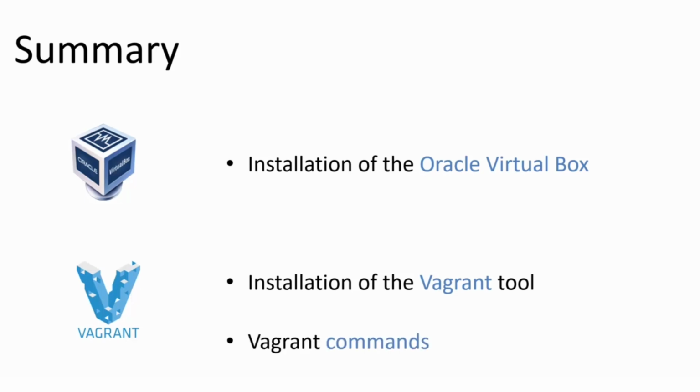I also walked you through 4 commands which will be used in this course. The vagrant up starts the virtual machine, vagrant ssh logs into the virtual machine, vagrant destroy destroys the virtual machine, and vagrant halt halts the virtual machine. I suggest that you go through the documentation of Vagrant to understand how Vagrant works and the multiple other commands that are available in Vagrant.